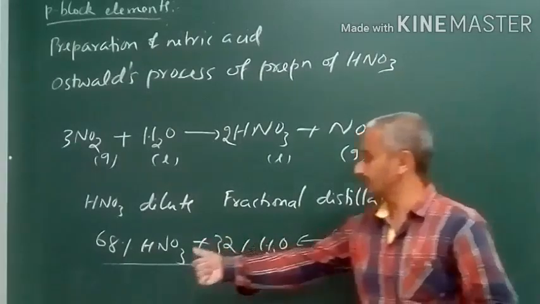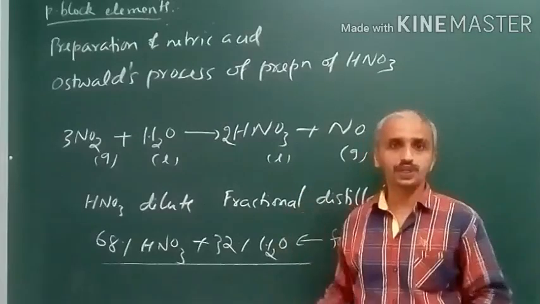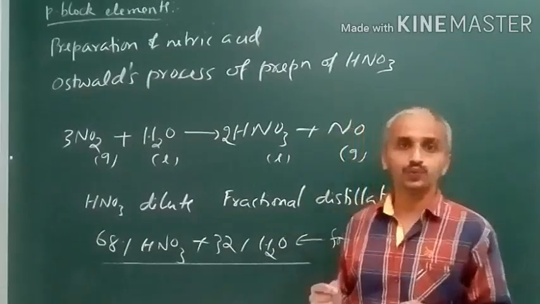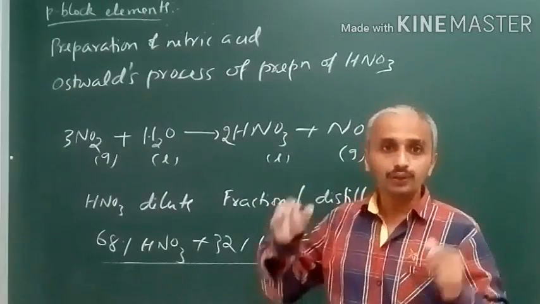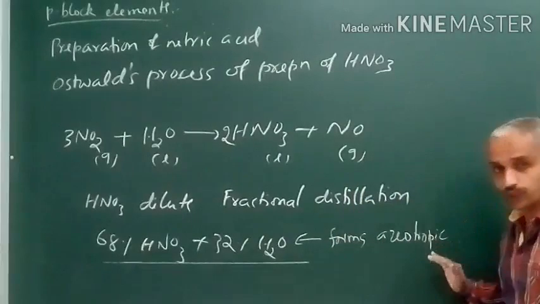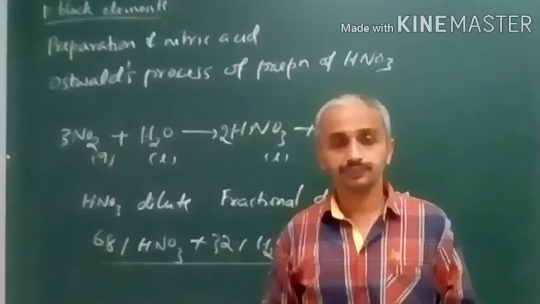Because the HNO3 and water solution is a non-ideal solution with negative deviation, it forms an azeotropic mixture with maximum boiling point.